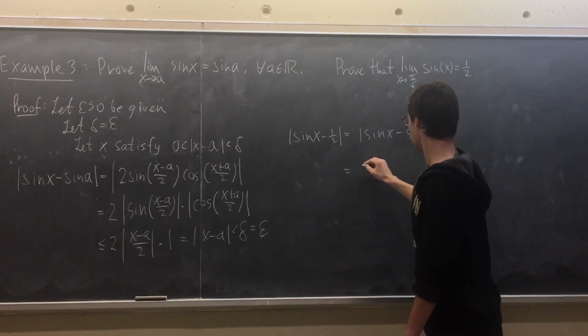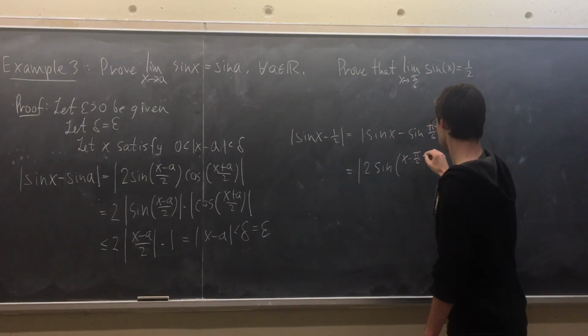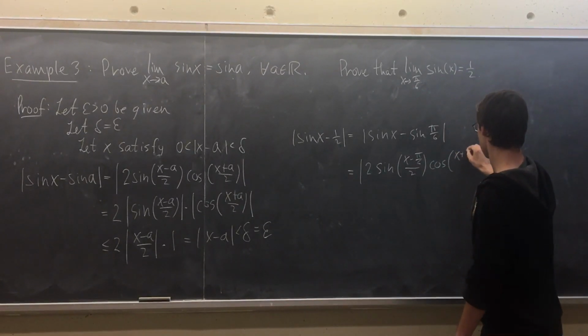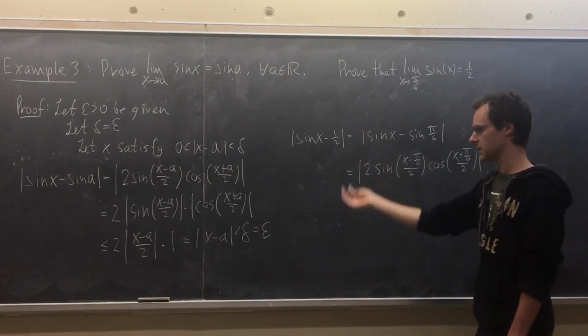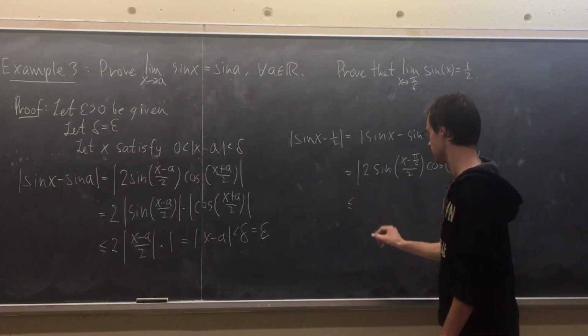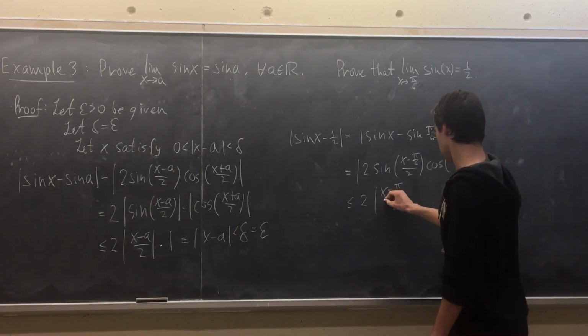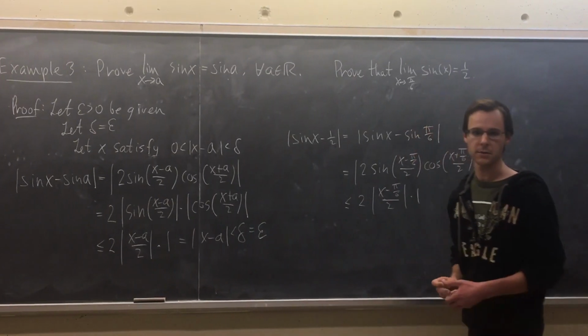So this is abs 2 sin((x minus pi over 6) over 2) cos((x plus pi over 6) over 2). And of course, the exact same steps now follow. This is less than or equal to 2 abs (x minus pi over 6) over 2 times 1, and so on. And we can conclude the proof.